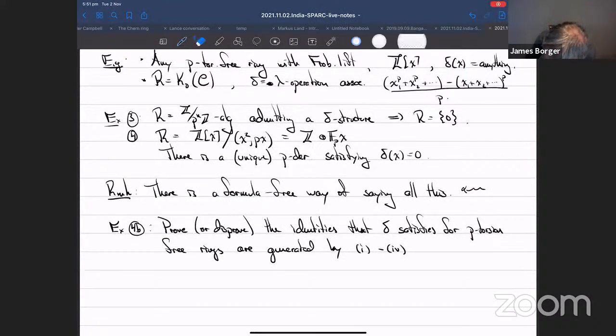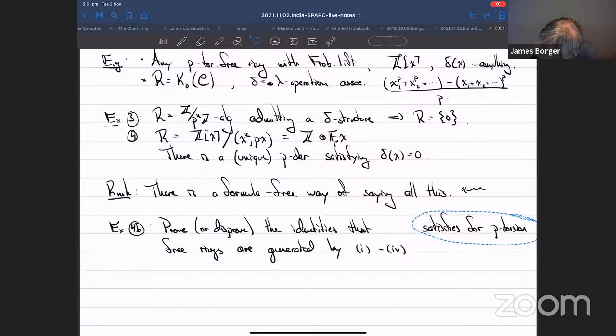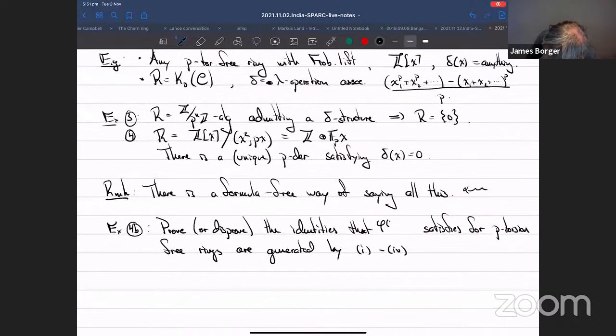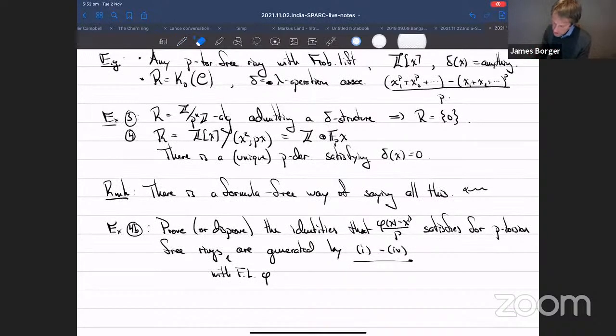Let me put it this way: that phi of x minus x to the p, over p, this operator satisfies for p-torsion-free rings with Frobenius lift phi identities that are generated by 1 through 4. What I believe is true is that this is how you would do it in a formula-free way.